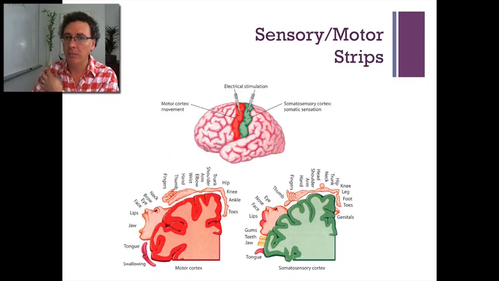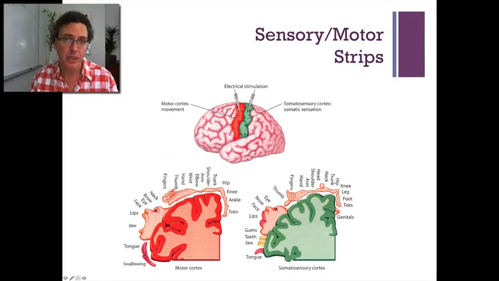When you stimulate a part of the body related to that specific part of the brain, you will see an electrical signal. So by moving the probe around and touching different parts of the body, you can essentially map this somatosensory cortex and find out exactly what parts react to what parts of the body.